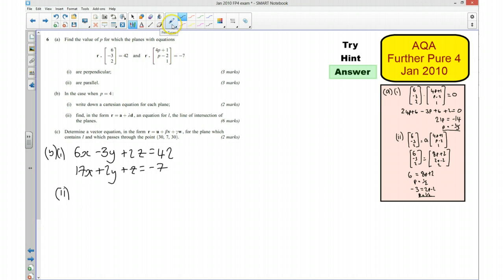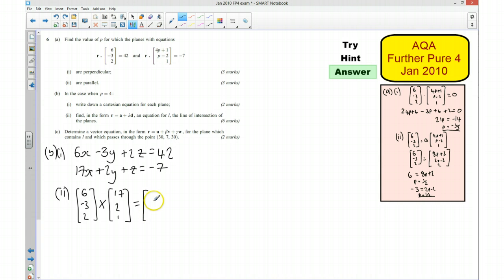Okay, so one of our normals is 6, -3, 2, and the other normal is going to be when p is 4, 17, 2 and 1. And the cross product of these is going to tell me what's perpendicular to both of these, which will be the direction of the line.